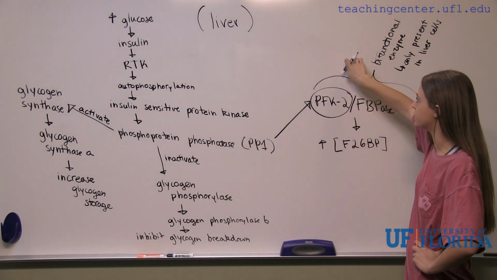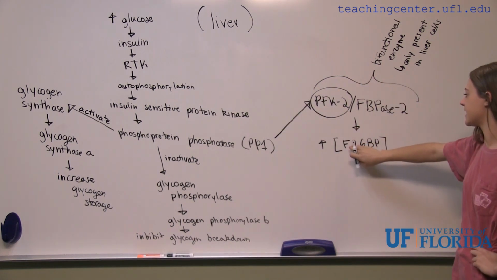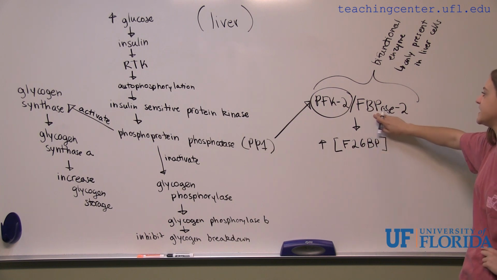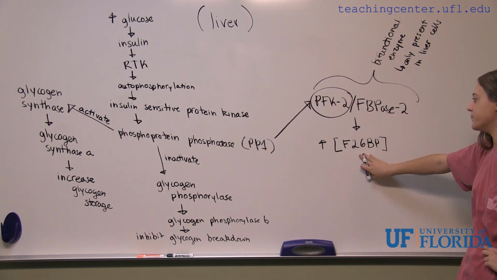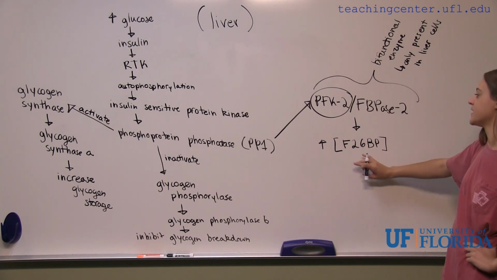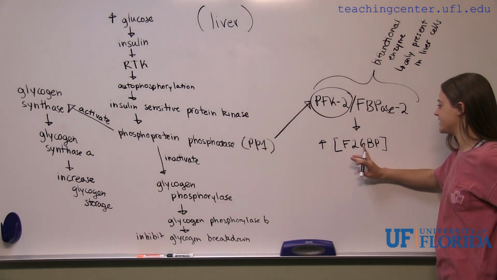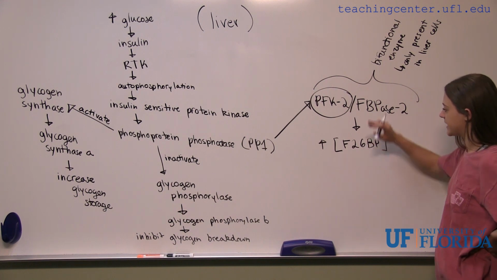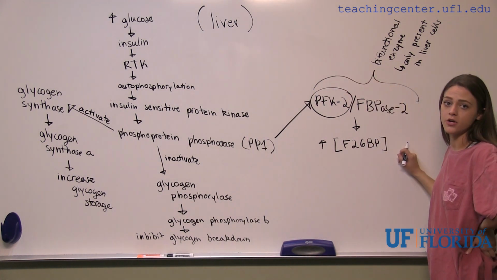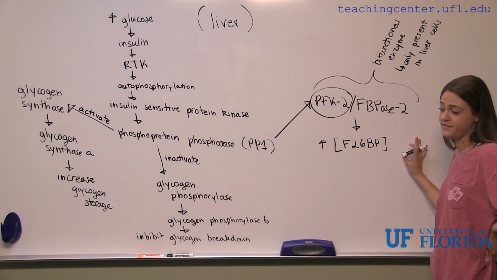This kinase is going to phosphorylate that to then get fructose 2,6-bisphosphate, whereas the FBPase activity would remove a phosphate from this fructose 2,6-bisphosphate, take off the phosphate at the 2 position and turn it back to fructose 6-phosphate, which is no longer going to be an activator of PFK.